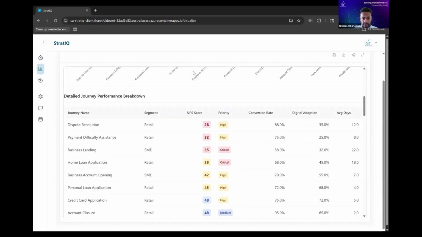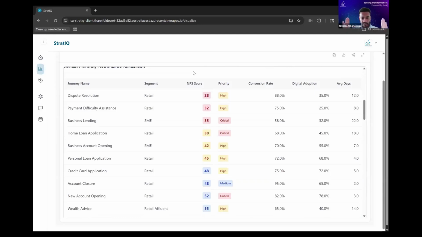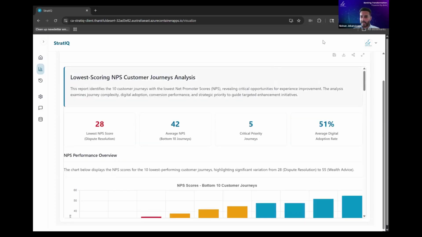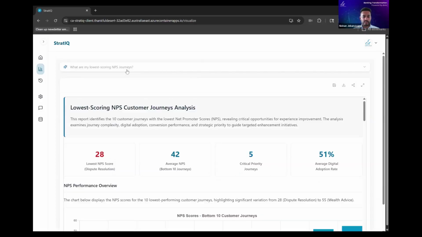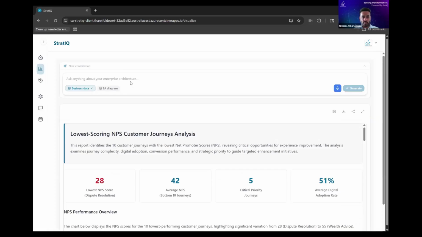But if I focus on this, as the chief product officer, I now know straight away that I've got three journeys that are in trouble. My next question would be what we asked in the slide, which is, what are the root causes?